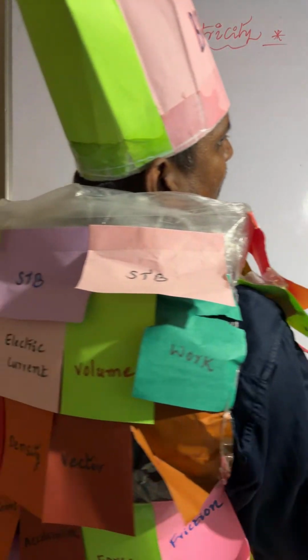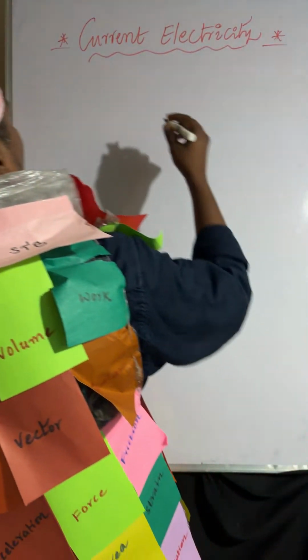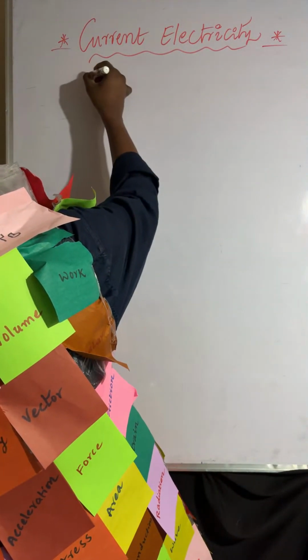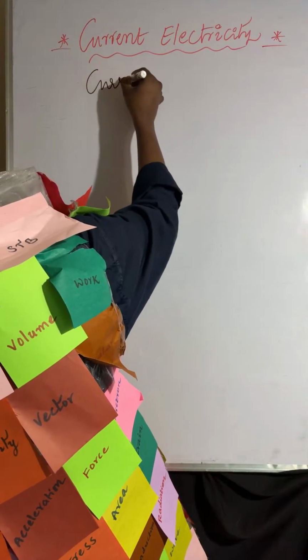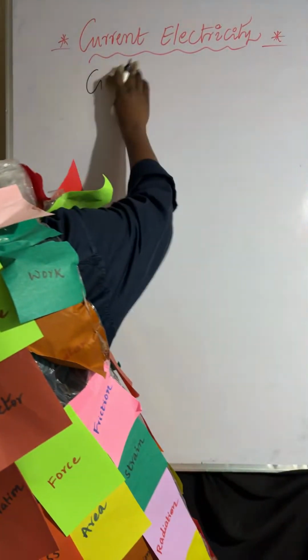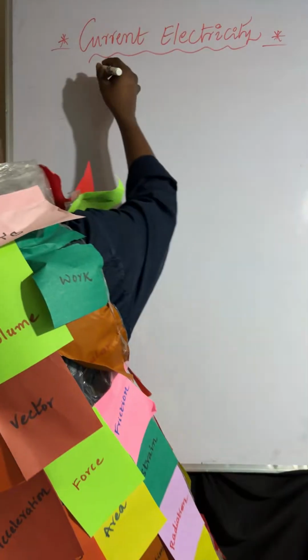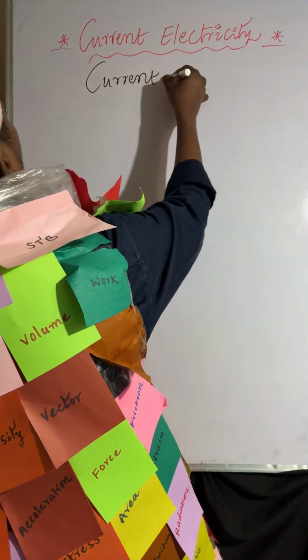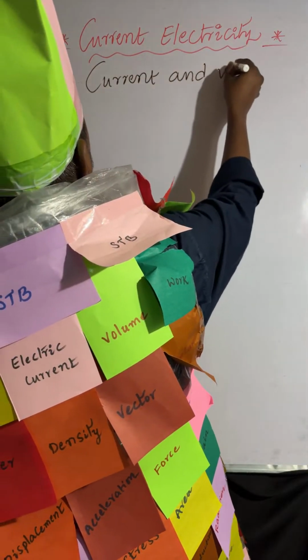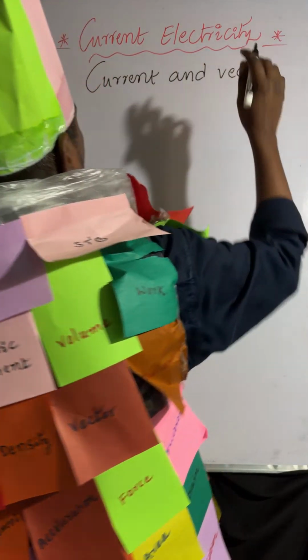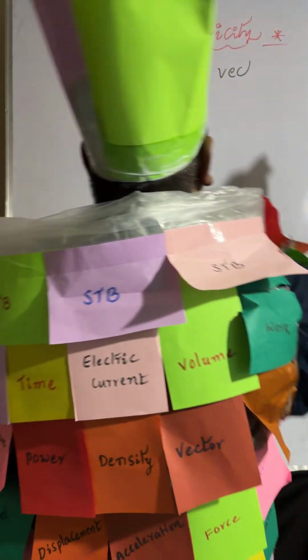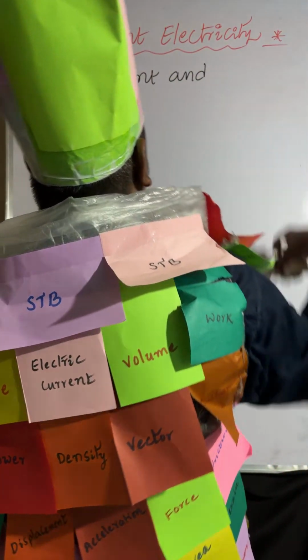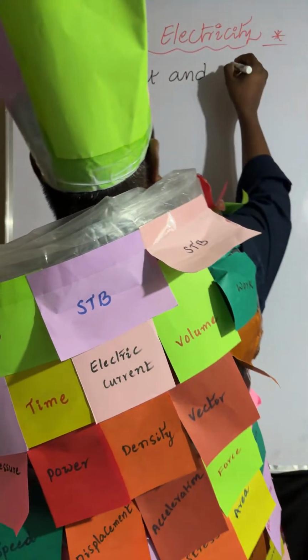So collision will take place between electrons only. So current and drift velocity.